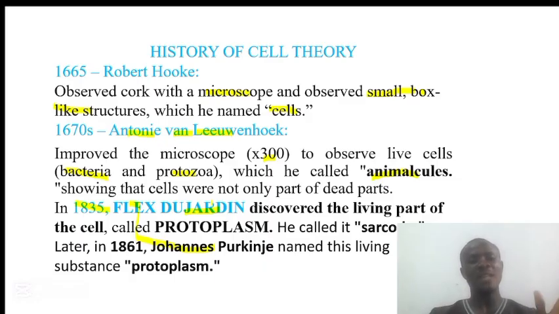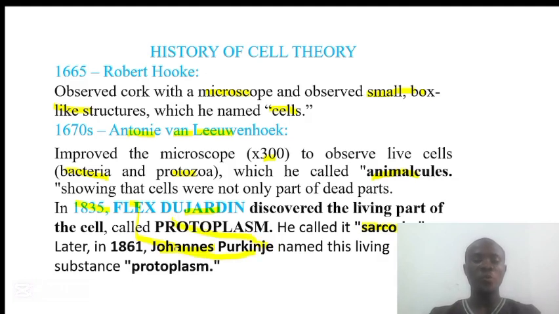As Robert Hooke observed a dead cell from a plant that was living, and Anthony van Leeuwenhoek observed a living organism, is it that all living organisms are made up of something that is living and something that is dead? So it is Felix Dujardin that discovered the living part of the cell, and he named this living part sarcode. But today this sarcode is known as protoplasm.